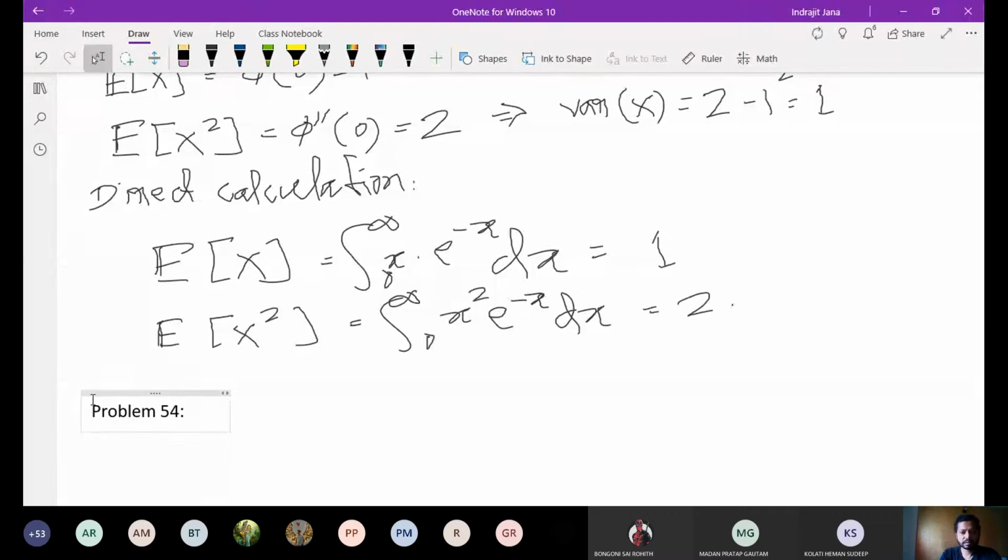Let me see what the problem is. Okay, so you are given a PDF and you want to compute its MGF and the moments.